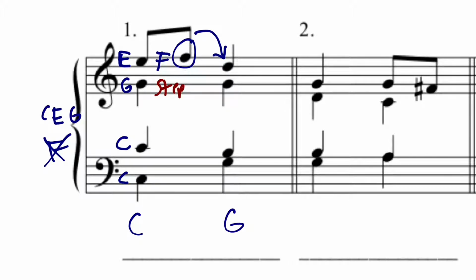So we stepped onto a non-chord tone, and then leaped from that non-chord tone to a chord tone. And if we step onto a non-chord tone like this, and then we leap back to safety, it's an escape tone.